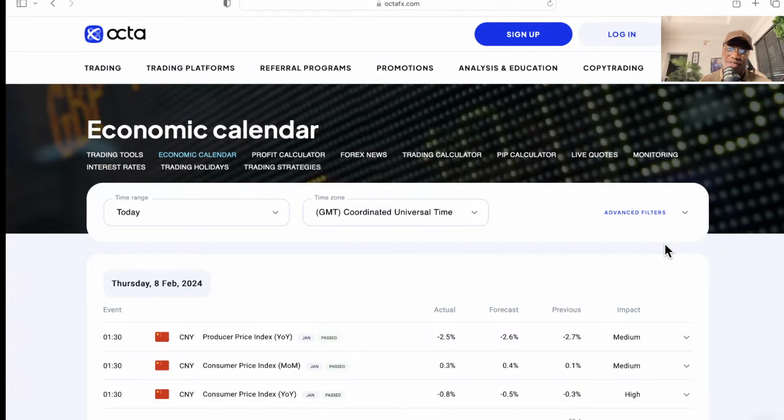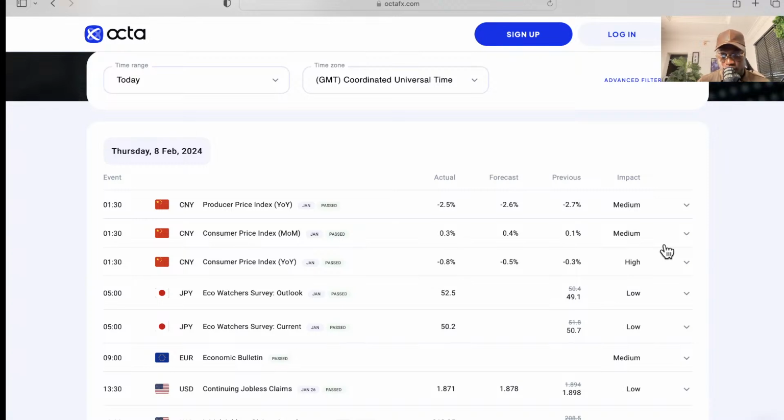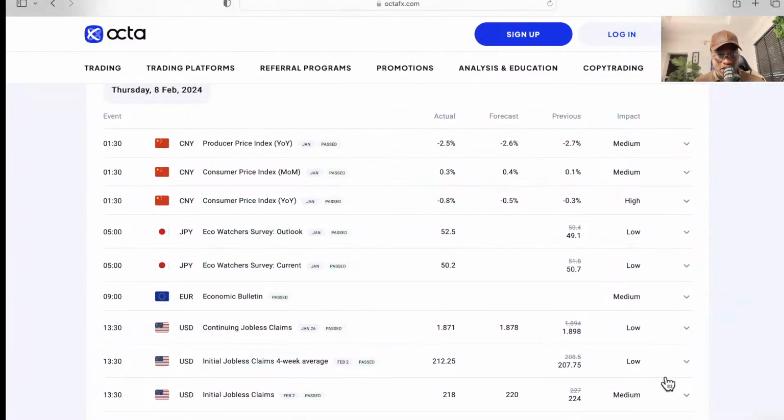Yes, they may not really have any impact on the currency that you want to trade or on the markets, but it's important that you get the knowledge, right, to know what that event is all about. The same thing goes for medium. Now, when you're conversant with these reports and you know what they mean, then you'd be able to filter the ones that you want to pay attention to, right? So I focus on medium and high. Sometimes I just look at only high impact events, but as a beginner, you want to look at medium, low, and high. You get the knowledge and you build that trading confidence.